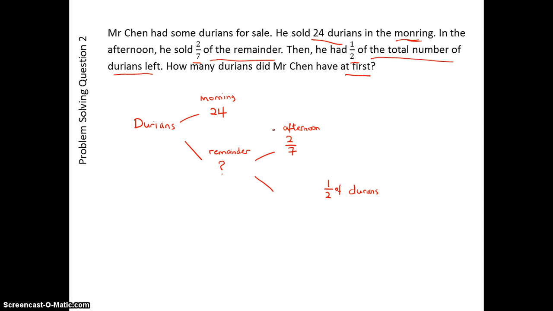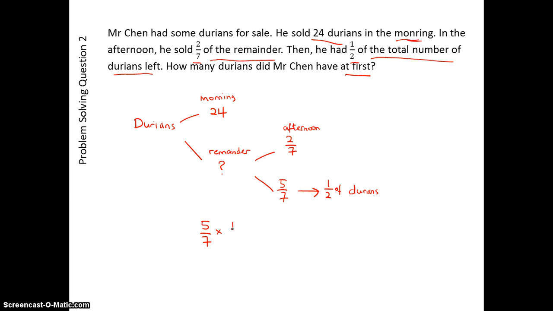Okay, but I know, looking at this, if this is 27, this will be 57. But I know that this 57 is actually half of the durians. So that means 57 times something will give me half. Correct? Because it's 57 of my remainder, and that will give me the fraction of the durians.